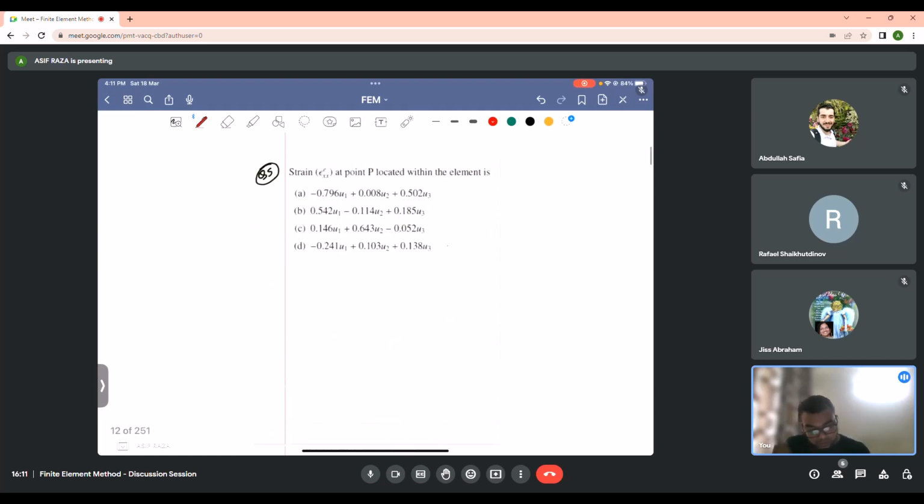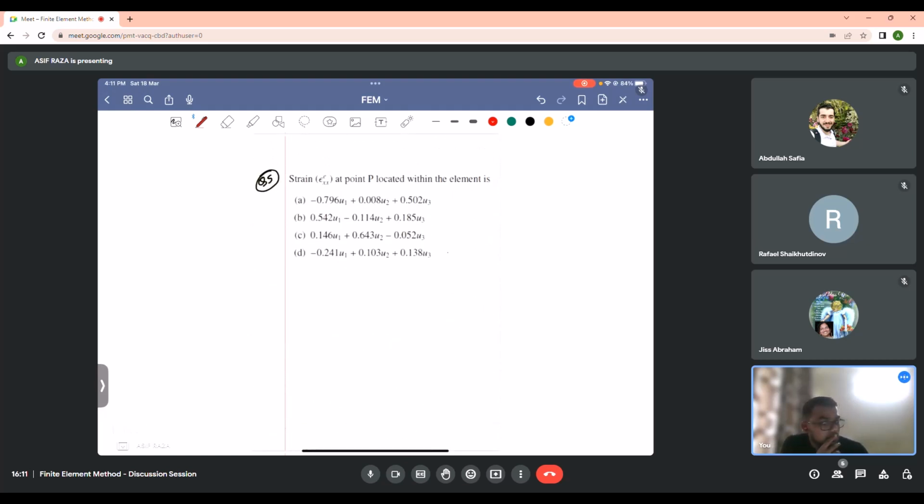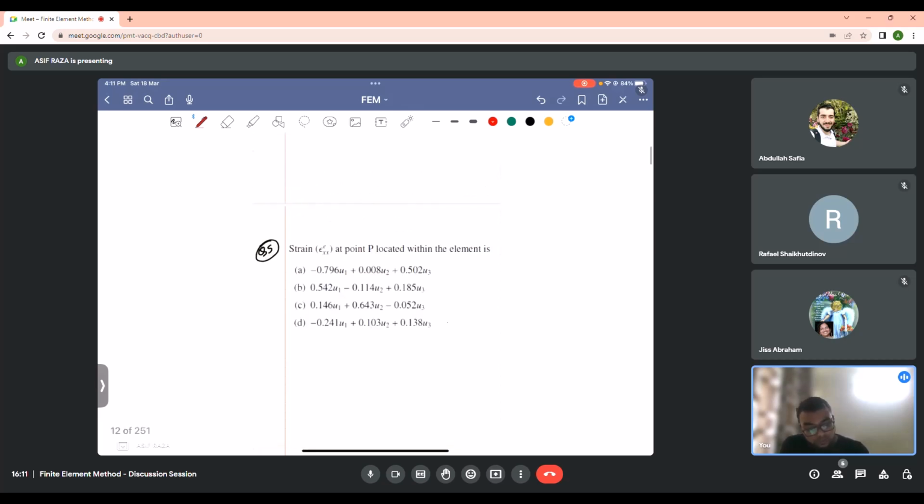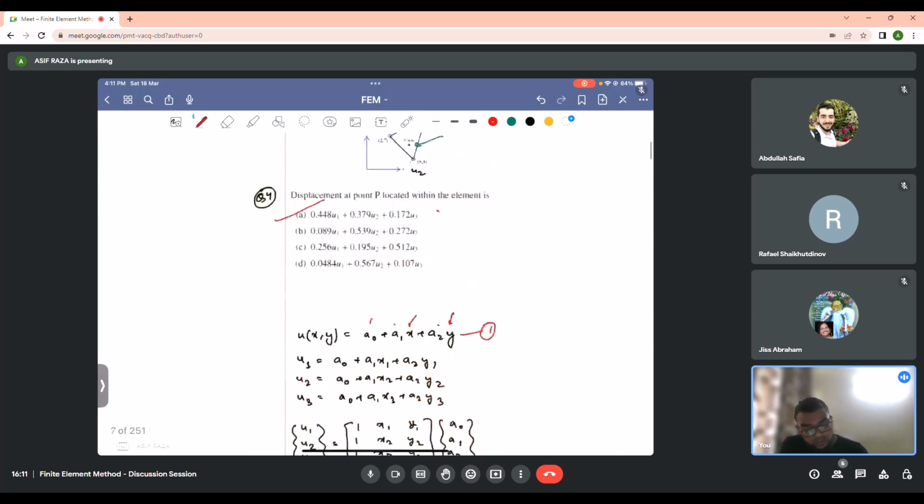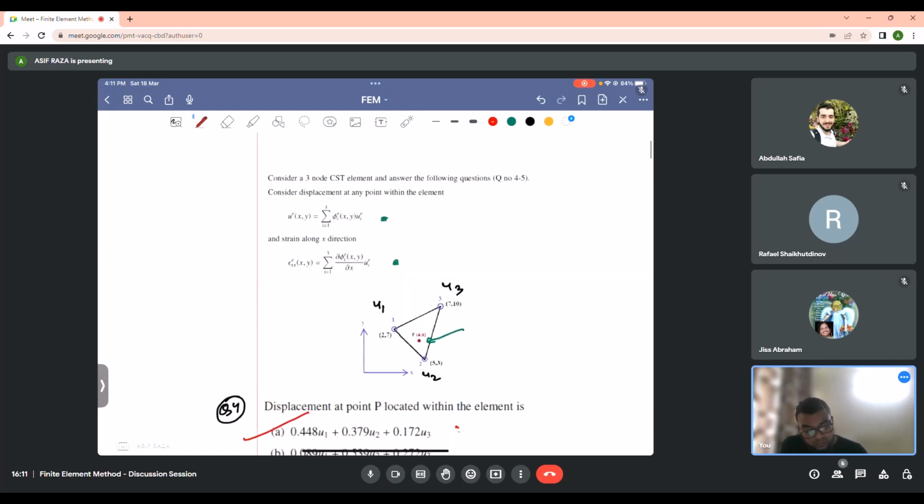Now to solve the second part, question number 5, we need to find the strain at this point located within the element. It is already given in the question that to find the strain we use this.